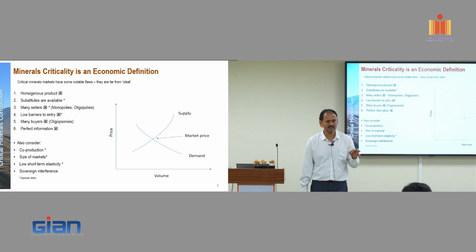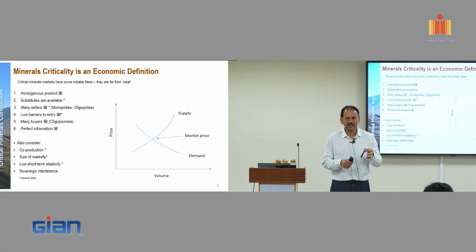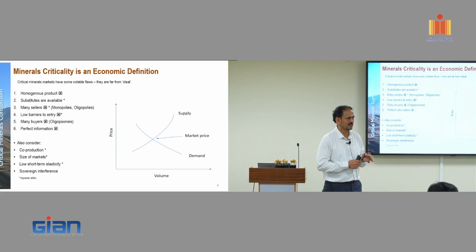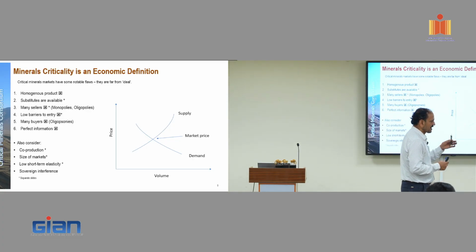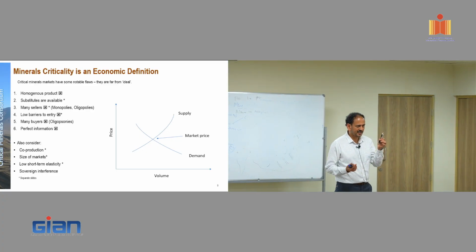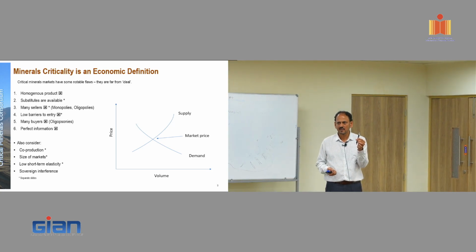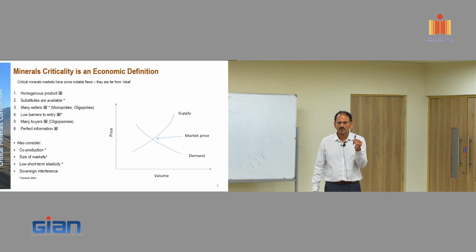Ideal markets, for example, this pen. This is an ideal market. There are many manufacturers, many prices, many markets, many buyers, and many sellers, right? If someone is offering this pen whose worth is only 3 rupees, and another person is selling at about 10 rupees, as a buyer, you have a choice.